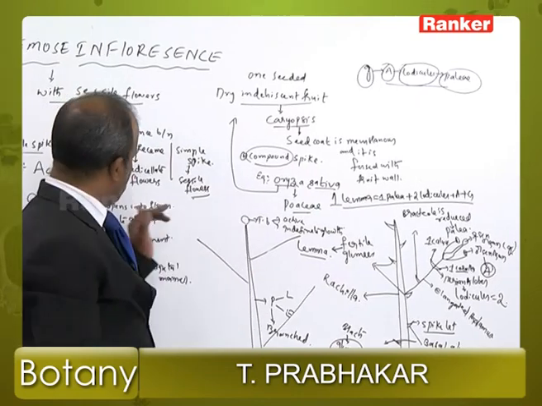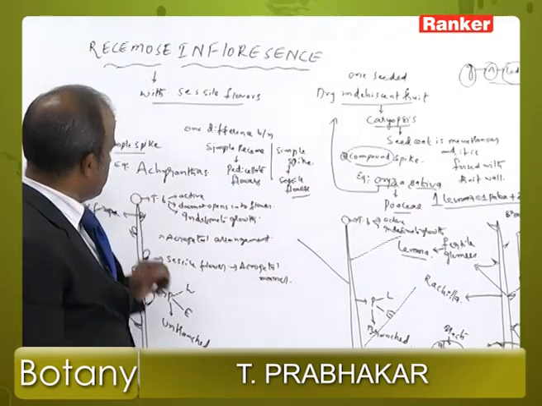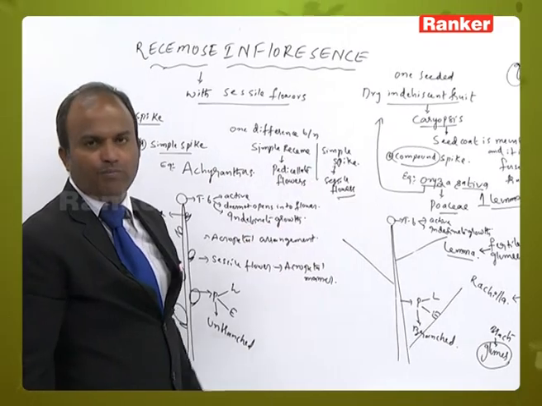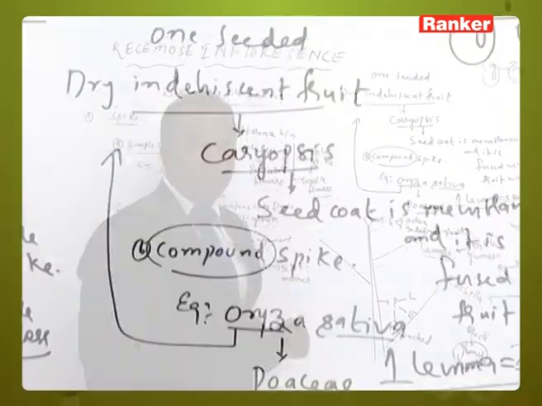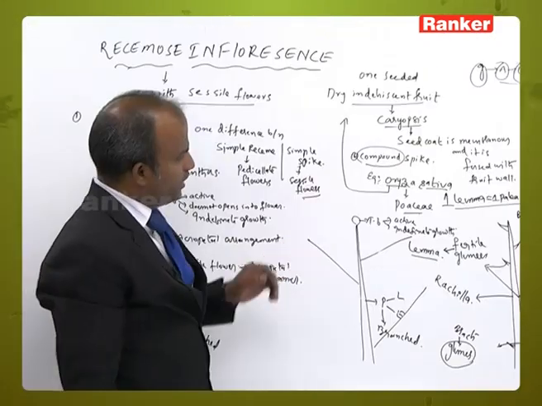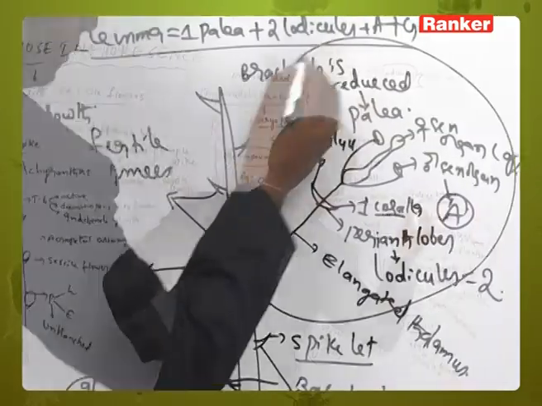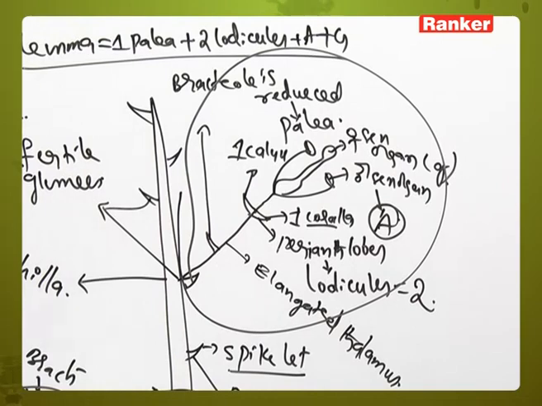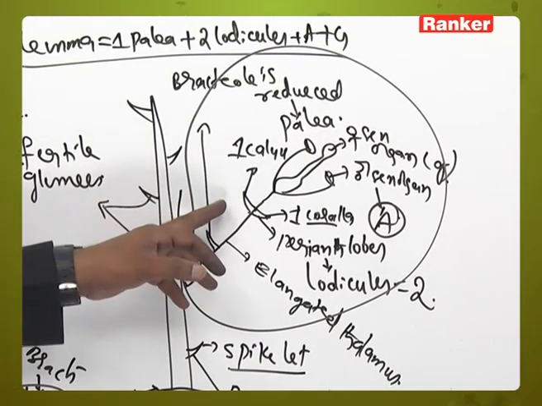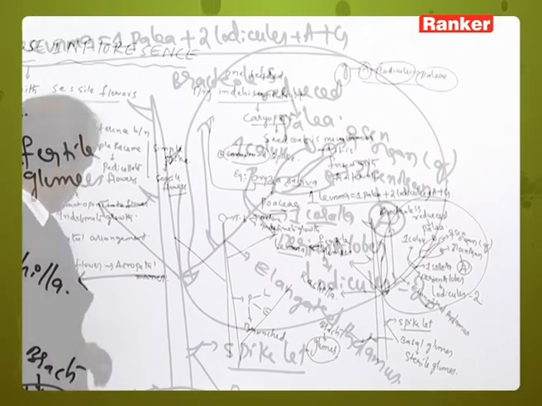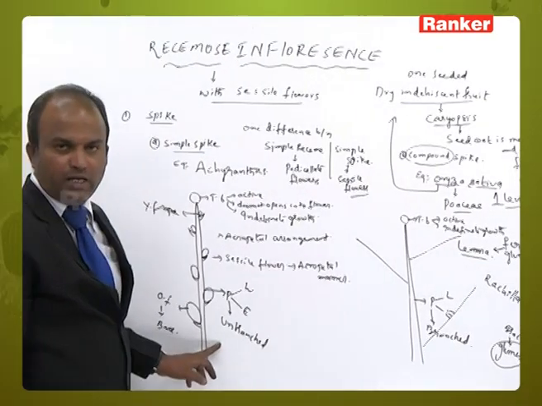So this is about the compound spike. And one more thing here: does each branch of a compound spike resemble a simple spike?